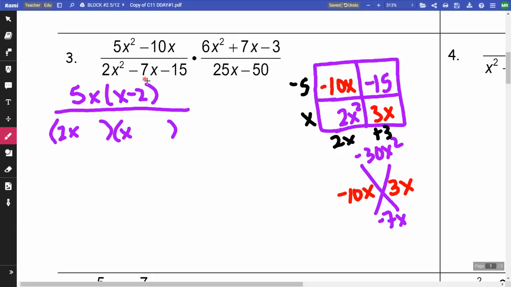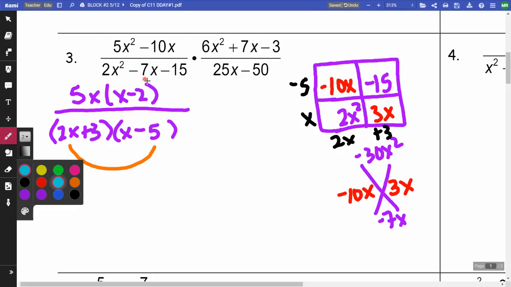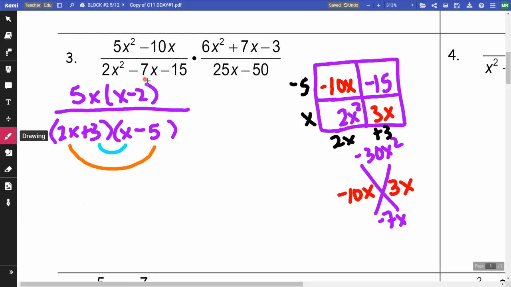So I am thinking that if I put a negative 5 here, these would multiply together and get a negative 10x. And then if I put, again, I'm trying to get a negative 15, so a negative 5 and a positive 3. And so if I multiply these together, I get a 3x. So a negative 10x and a 3x does make the negative 7x. So that's personally how I would have factored this, okay?